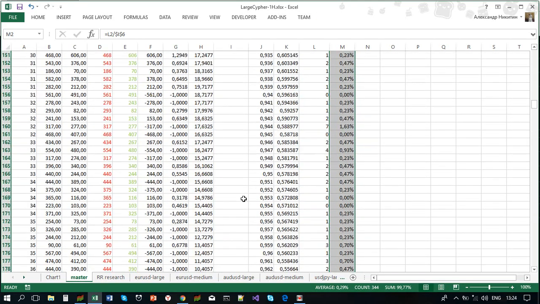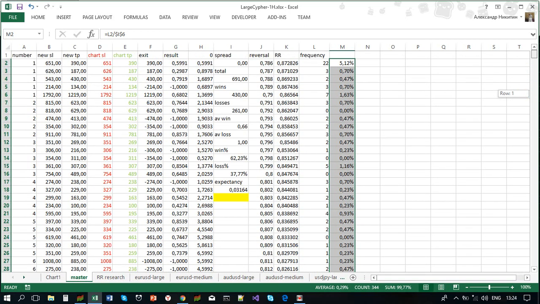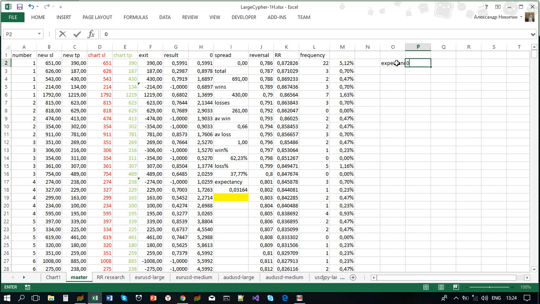Okay, so let's continue our research, and let me show you something. The expectancy. Let me first record the data. The old expectancy equals 0.0364. Okay, perfect.